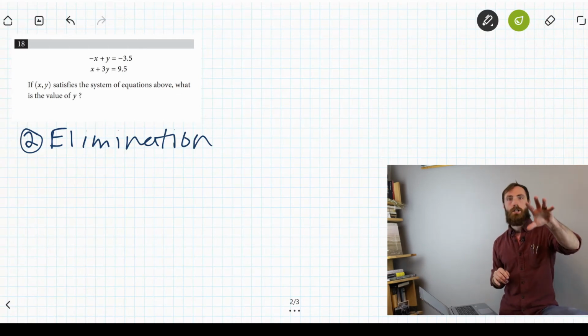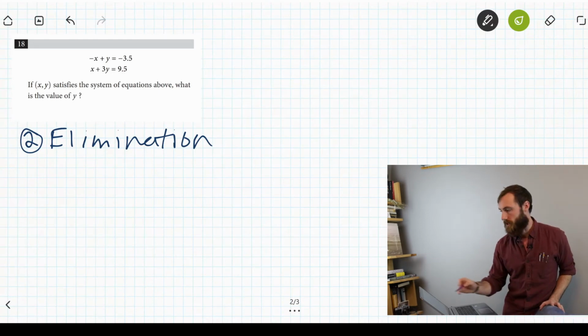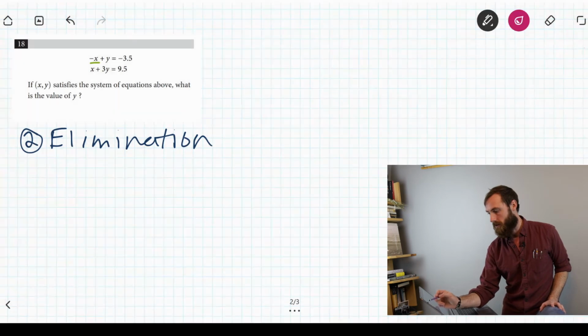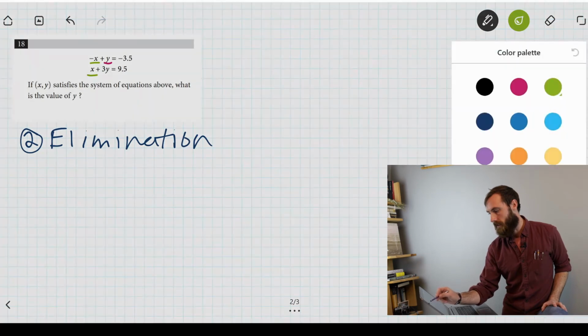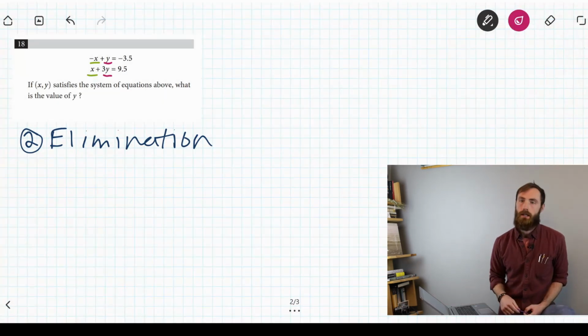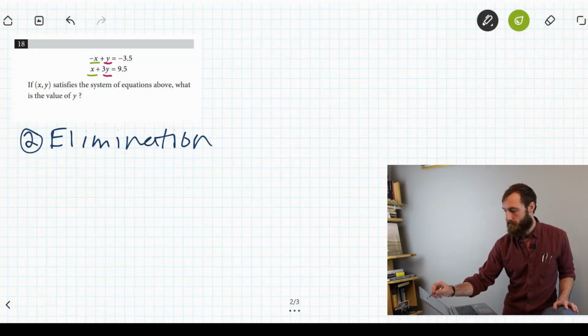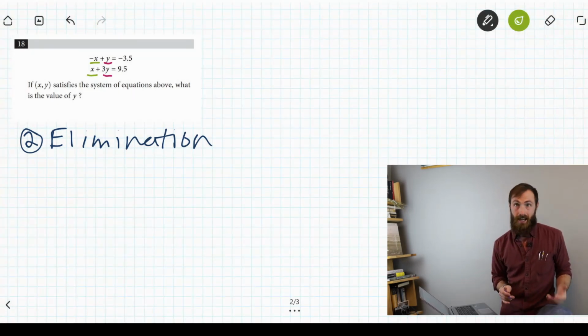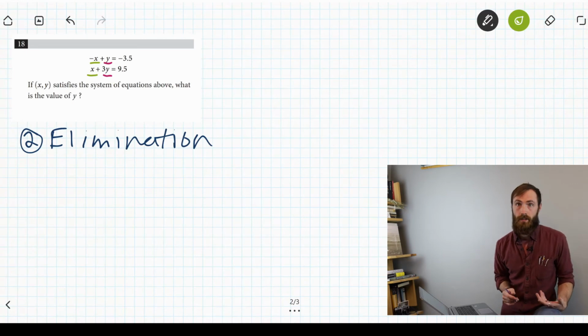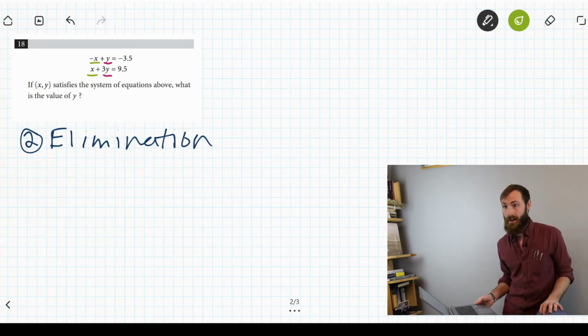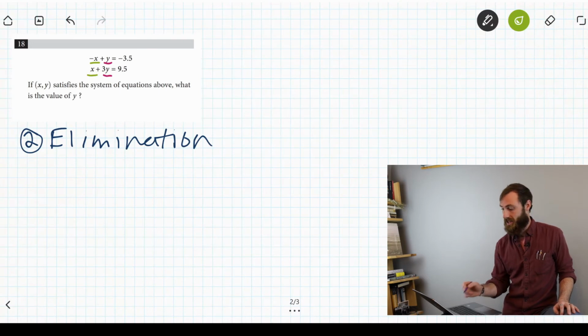Real quick, a coefficient is the multiplier for a variable. So I see x has a -1 coefficient in the first equation, y has a +1, and then x has a 1 and y has a 3 in the second equation. And I do notice that -x and x are really perfect for elimination because they have opposite coefficients.